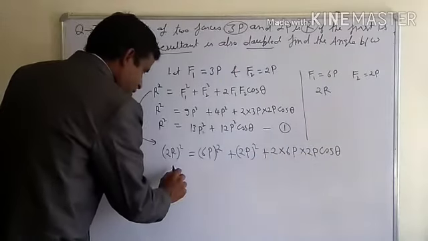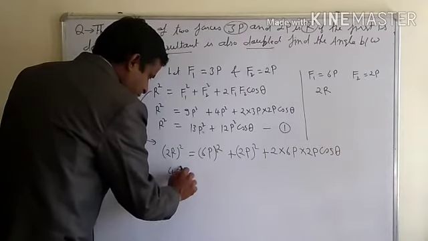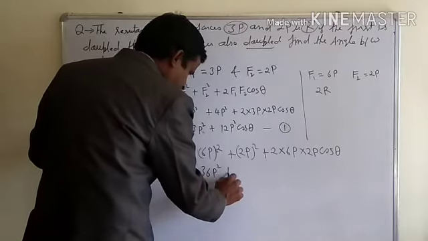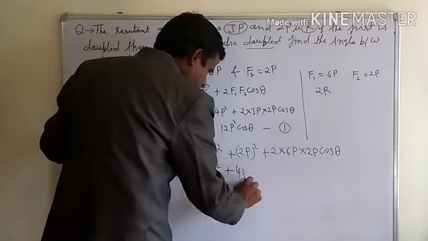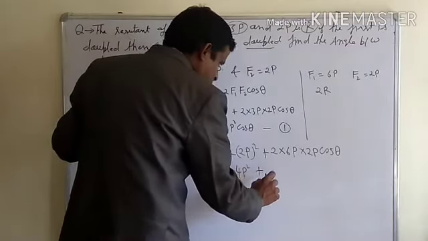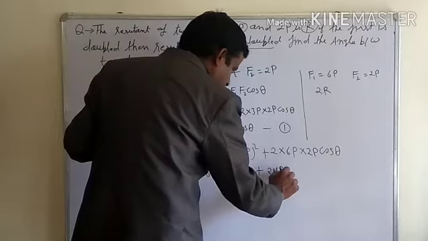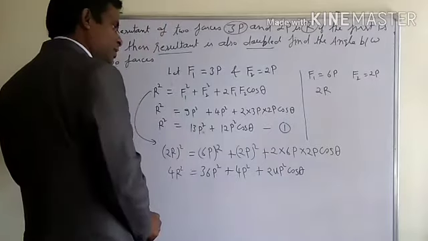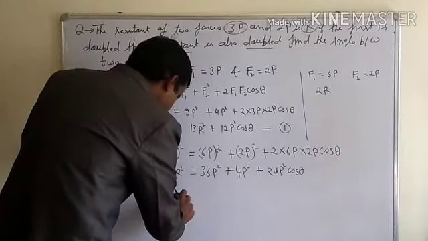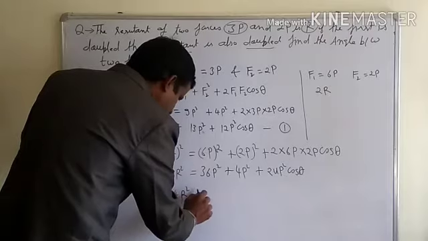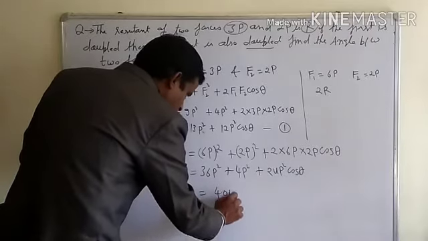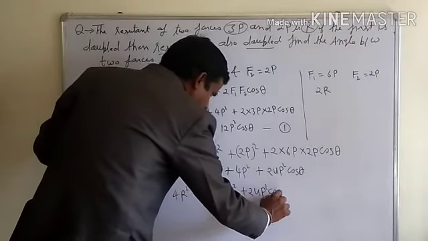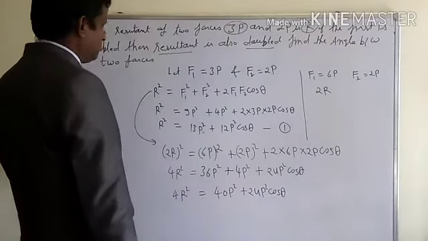Now solve this one. It will become 4R square is equal to 36P square plus 4P square plus 24P square cos theta. Now add these two, it will become 4R square is equal to 40P square plus 24P square cos theta.